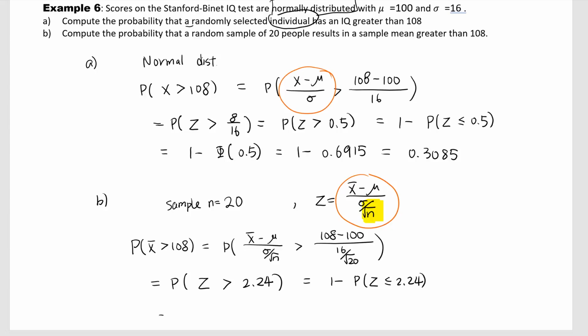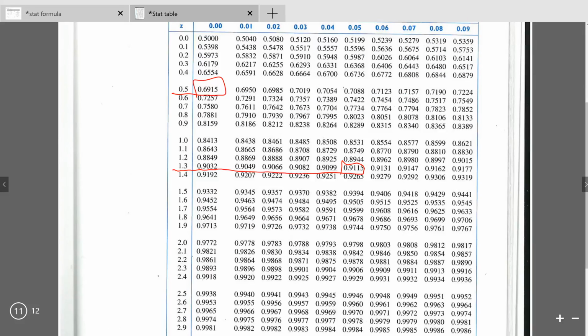So that is the CDF value of 2.24. Let's find our table. 2.24, so 0.9875.